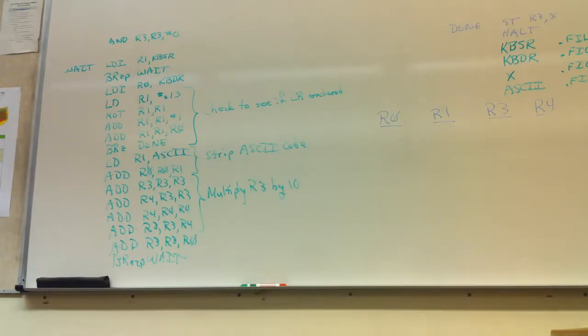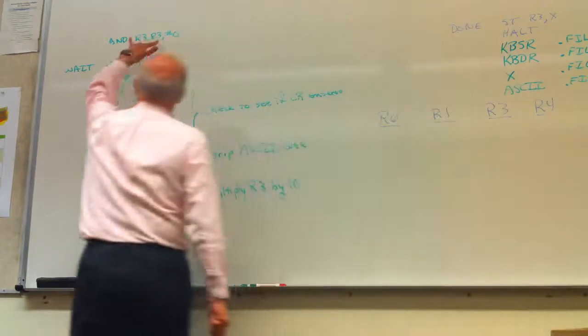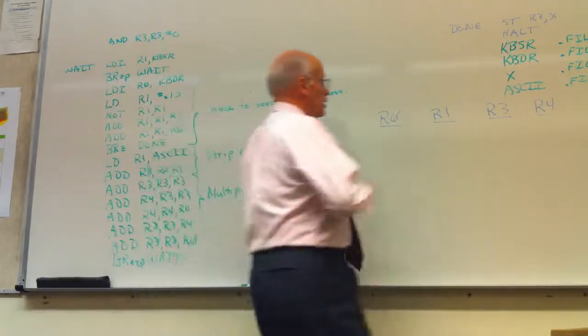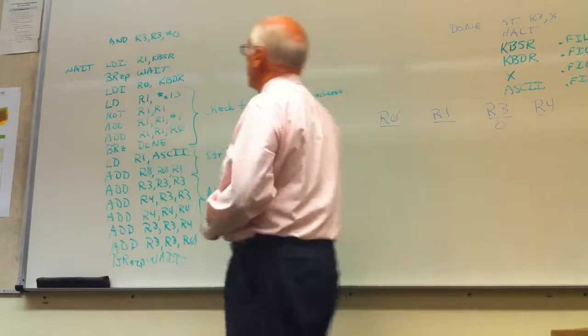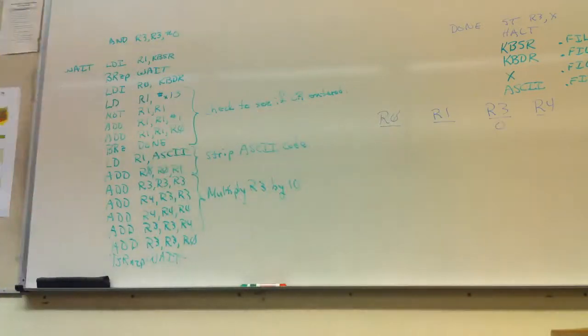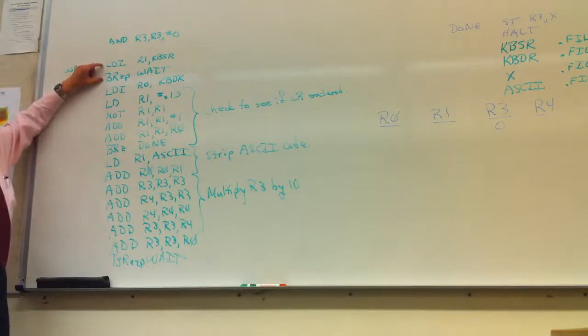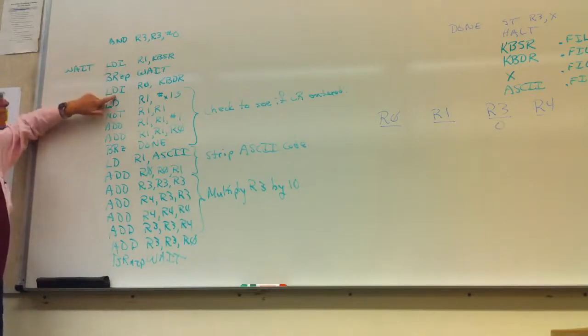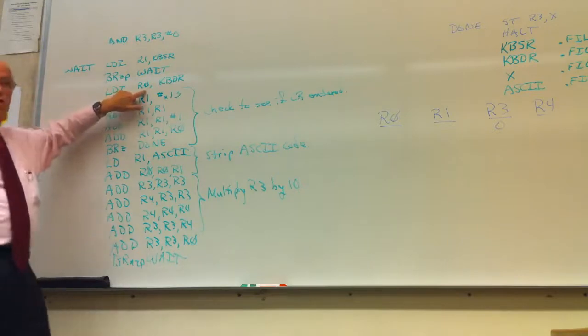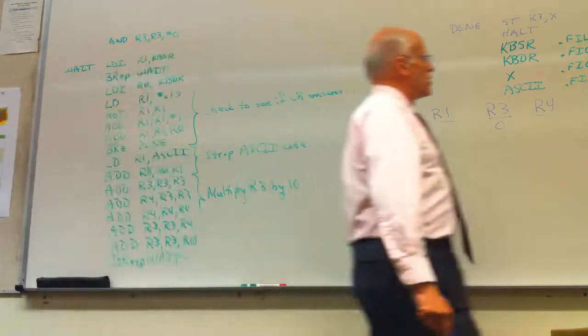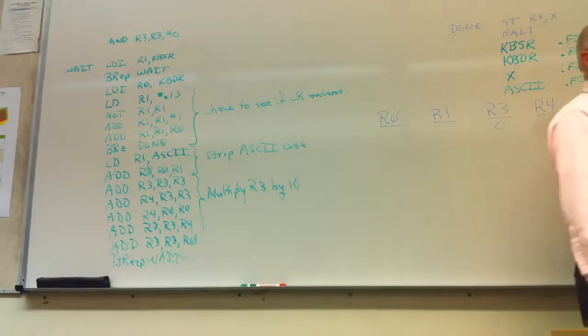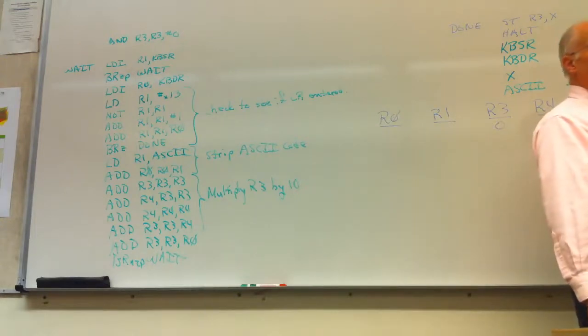Okay, we know what this thing does. That gets us a 0 in here. We won't fuss through this thing too much. That just waits until you press the first key on the keyboard. The thing that gets loaded into register 0 here is the ASCII code for the first digit that I enter, namely 7.